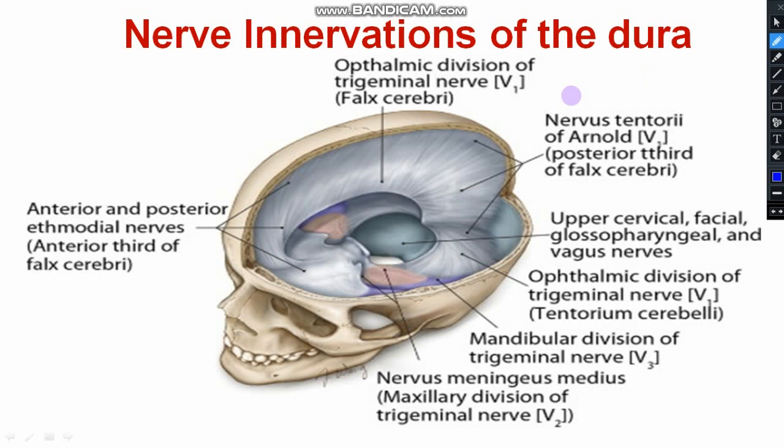You can see this nerve innervation of the dura mater from anterior to posterior, superior to inferior.